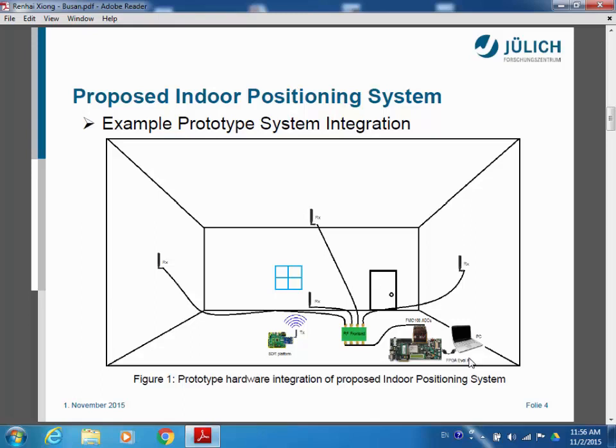Or you can also simply forward the data to a PC and do the processing on the workstations.